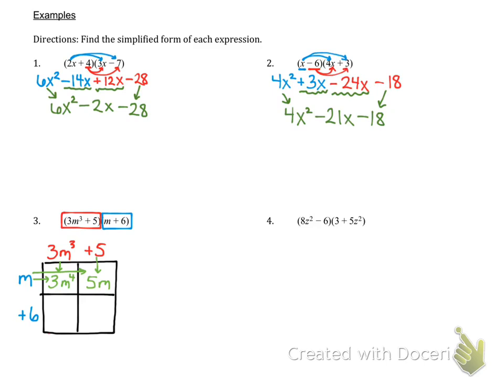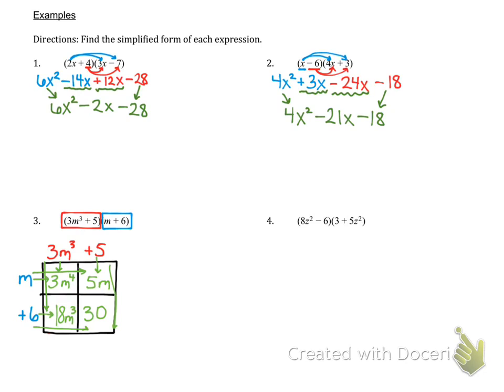Then I'm going to do this 3m cubed times 6, which is 18m cubed. And then 6 times 5 is 30 for the last one. So I have that 6 and the 5, which makes 30.